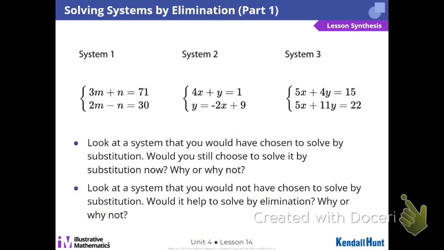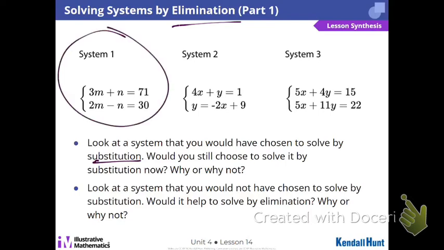System 1, what method do you think you would use, Josiah? There's substitution or elimination. Which one do you think?